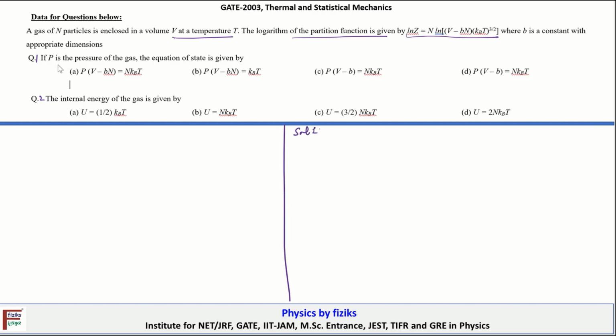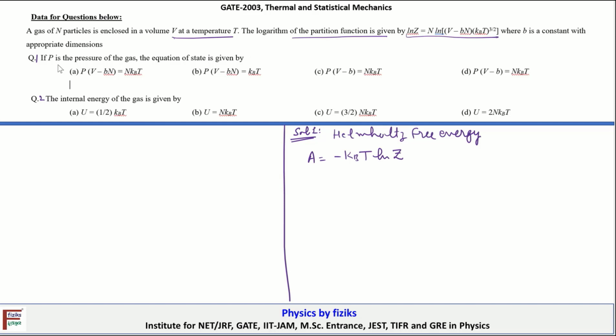Solution for problem 1. Okay, so the Helmholtz free energy is A, that is equal to minus kB T ln z.